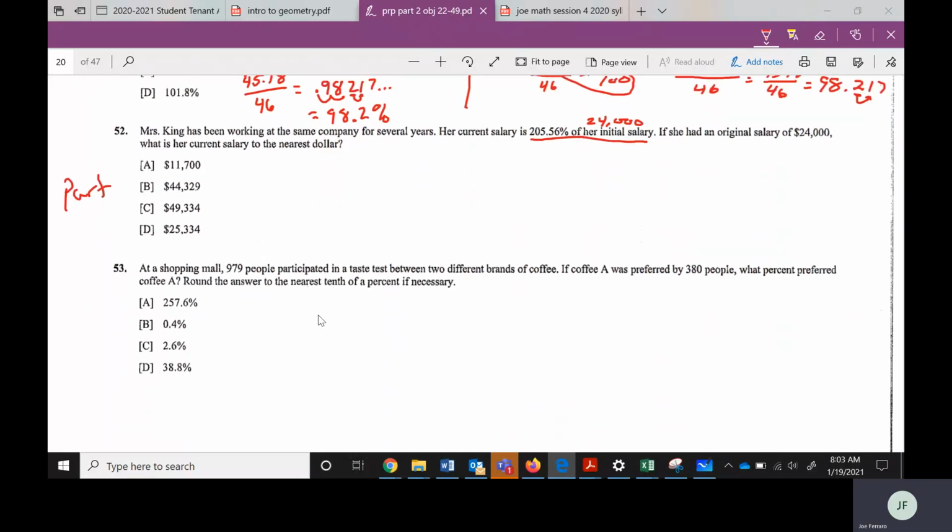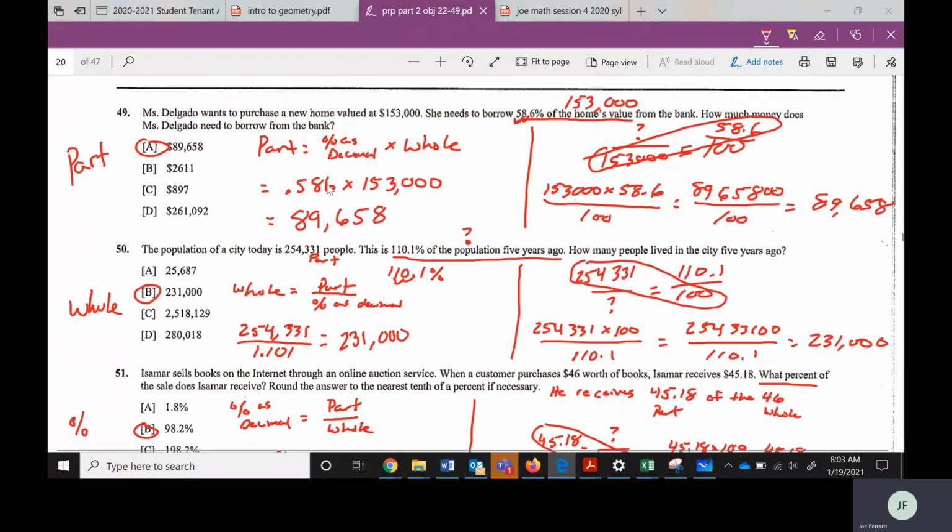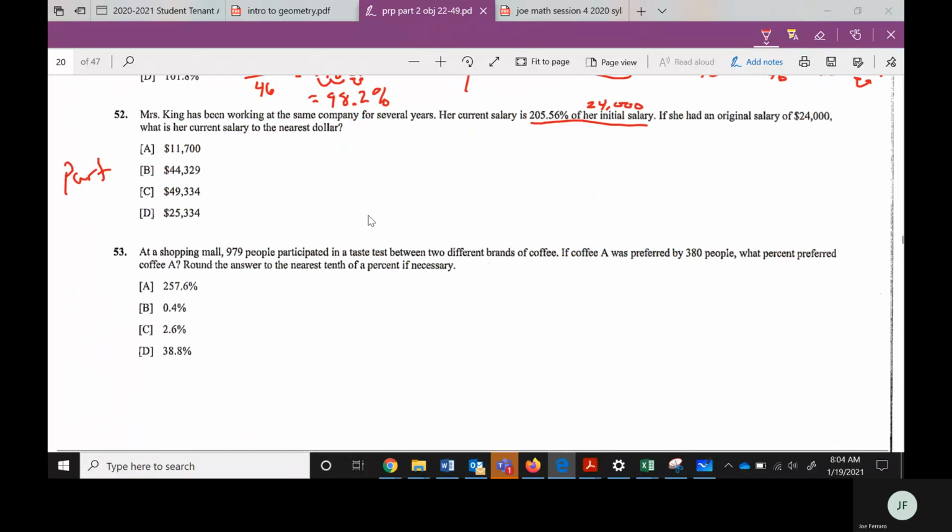Okay, so I'm not going to rewrite this, but we're going to use this up here. Part equals percent as a decimal times the whole. Okay, so now the percent as a decimal, again, this is the important part. We have 205.56. So we move that twice, 1, 2.